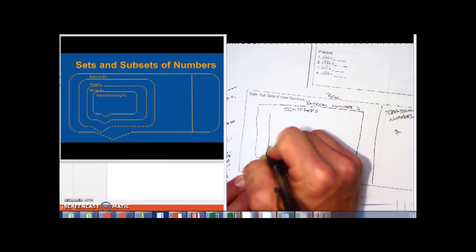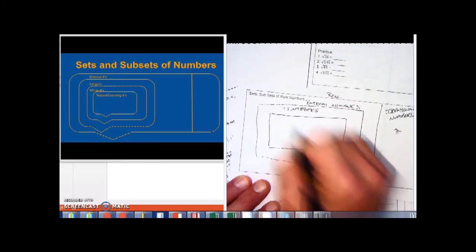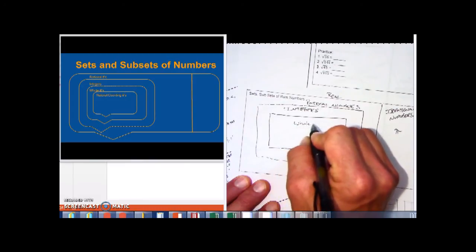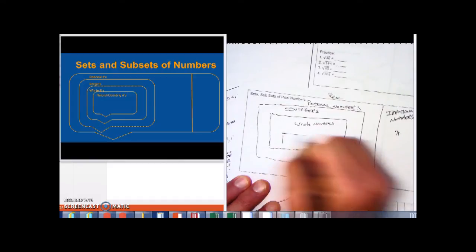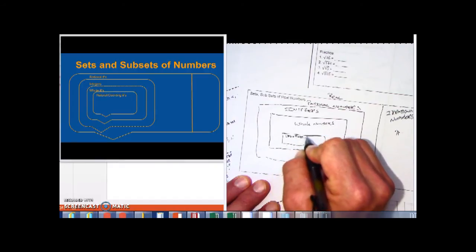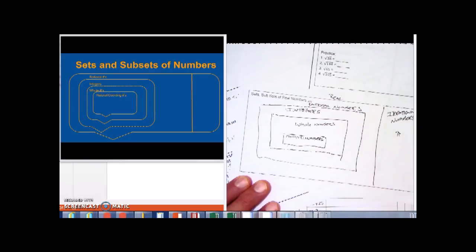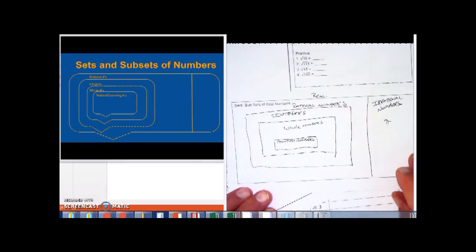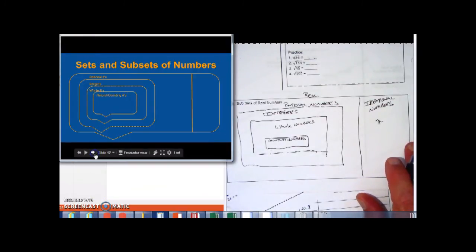And inside of integers, we have whole numbers. And then the most narrow subset is counting numbers. Okay. So, I think that's the last slide.